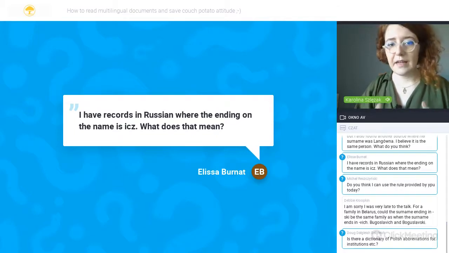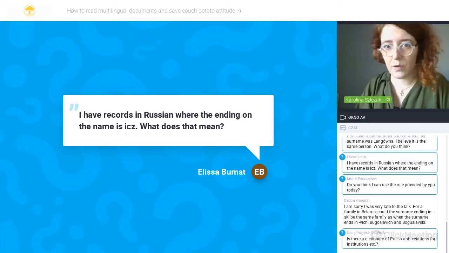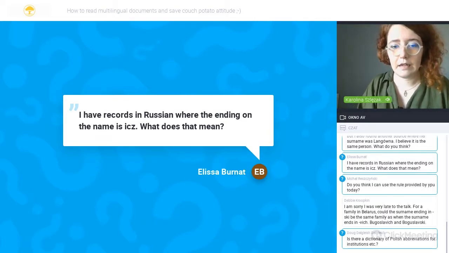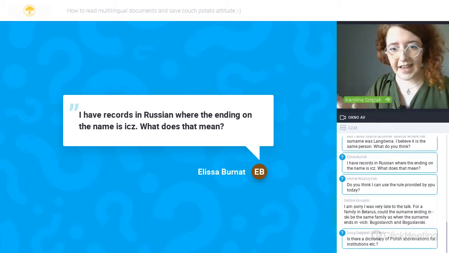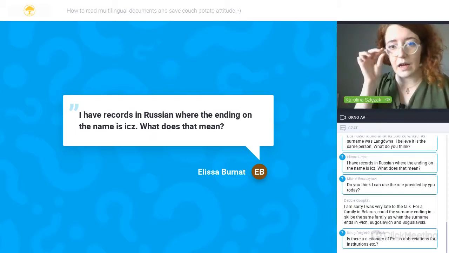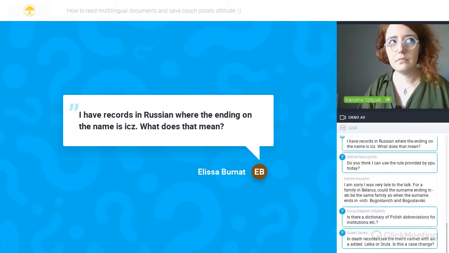the same rule as with patronyms we spoke about. I've run out of examples, so I will just say Burnatovich. So this is the ending that could happen, but sometimes it also refers to possession, or to the patronym.